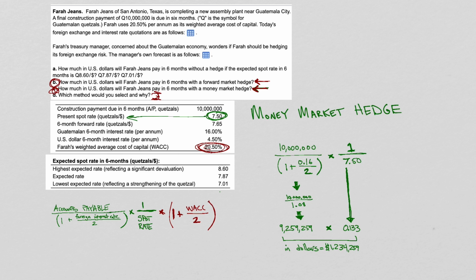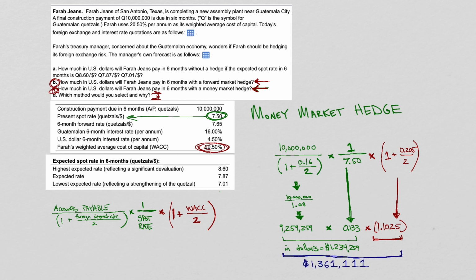So we can add those numbers here, and that simplifies down to 1.1025. And so overall, our cost in dollars for this approach using a money market hedge is going to be $1.361 million. So slightly higher than our original 1.234 when we're accounting for the cost of capital.